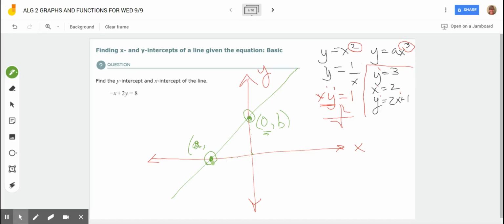So I'm going to say it's A and 0. So using the fact that at the y-intercept, x equals 0, and at the x-intercept, y is equal to 0, we're going to be able to find the points very quickly.